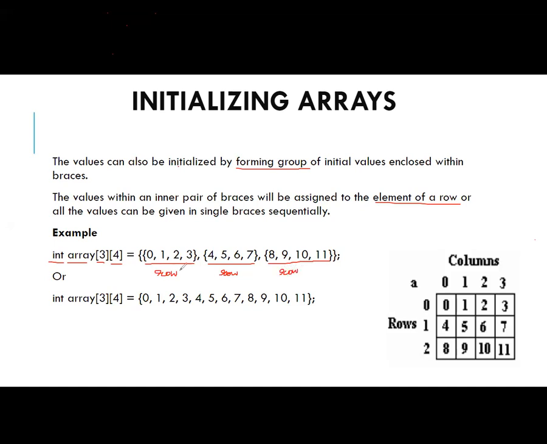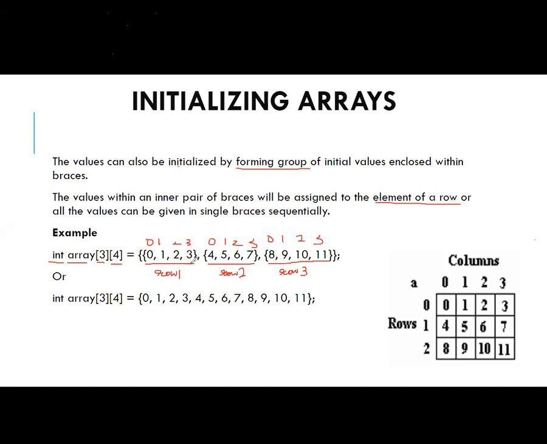That means this is the values of the first row, this is the second, and this is the third row. Each row will have array index positions 0 to 3: 0 1 2 3, 0 1 2 3, 0 1 2 3.